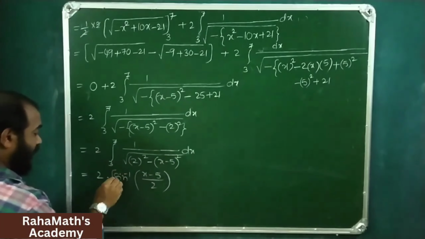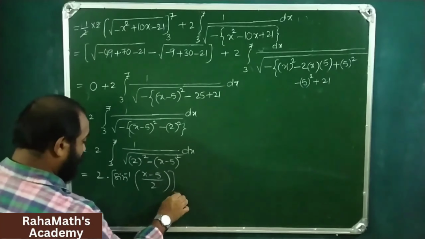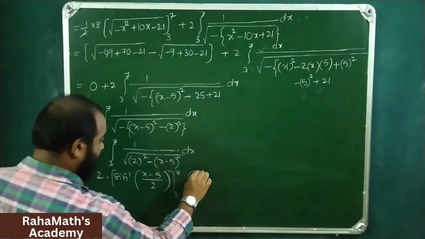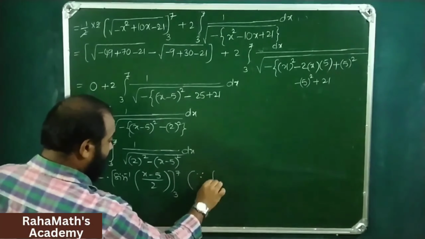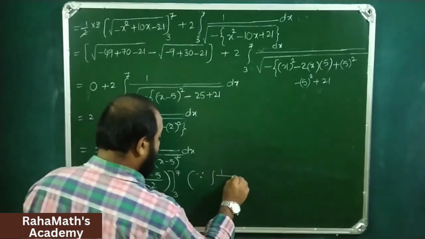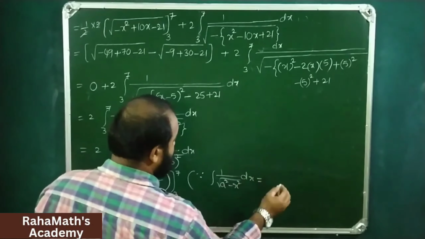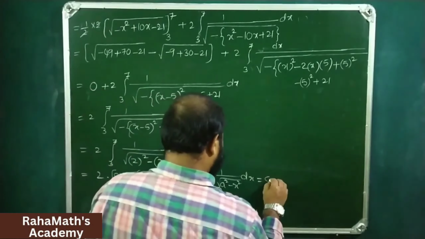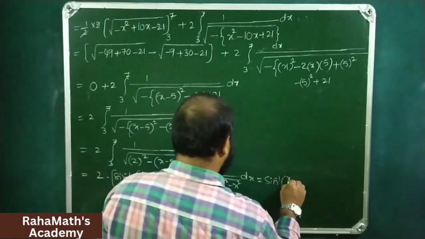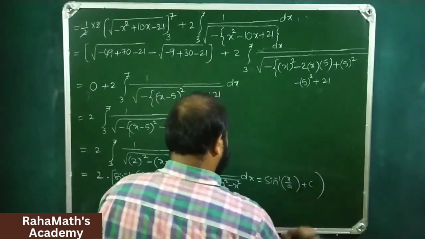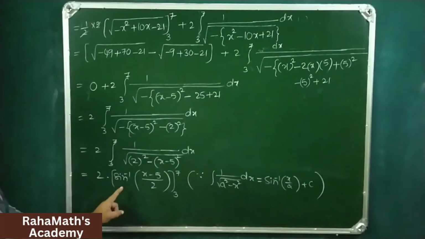Since the process of integration is over, so 3 to 7 is to be written here. Since integral 1 by root of a square minus x square dx is equals to sine inverse x by a plus c, that's why I have substituted like this.